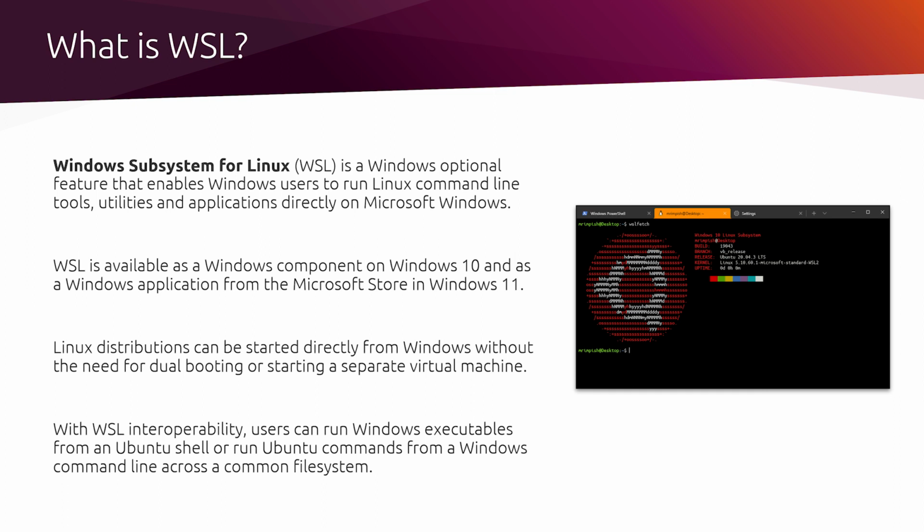So really it's about consolidating these different workflows across operating systems in a way that's much more efficient. And with interoperability, users can run Windows executables from an Ubuntu shell, or they can run Ubuntu commands inside the Windows PowerShell. And they're doing all of that across a common file system.